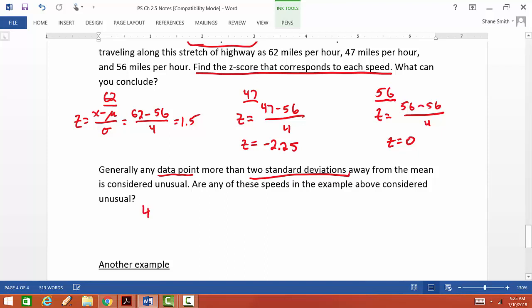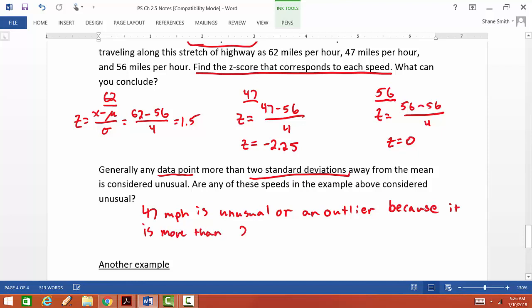And 47 miles per hour is unusual or an outlier because it is more than 2 standard deviations from the mean.